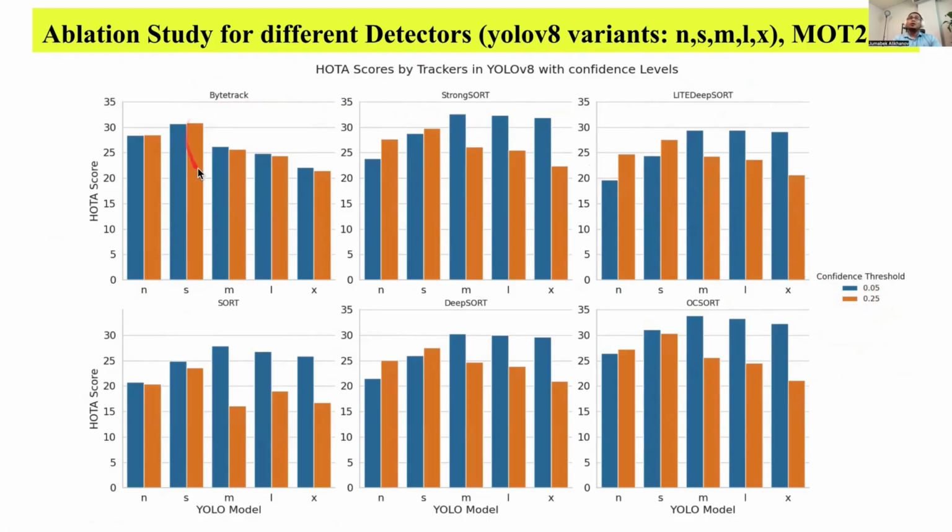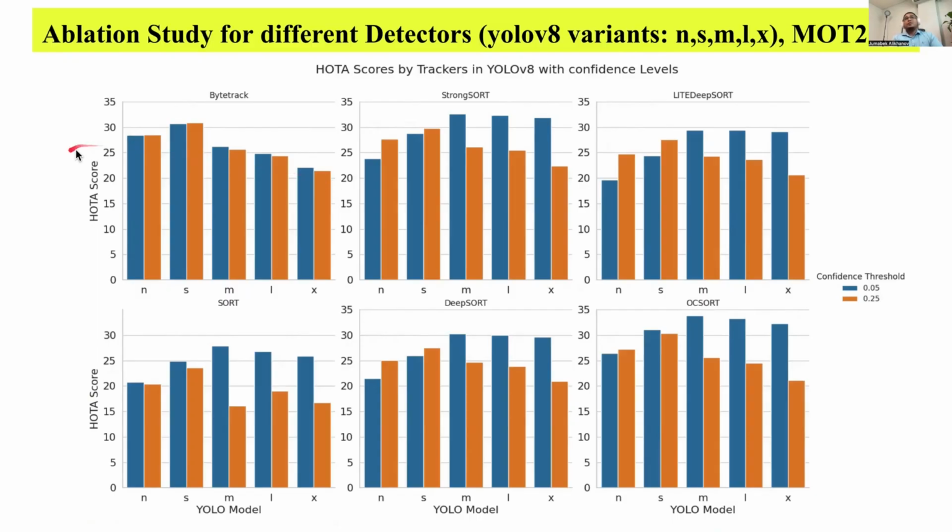Notably, ByteTrack is not affected by confidence thresholds. If you see these two, they are very close to each other. This makes sense because ByteTrack intrinsically handles multiple confidence thresholds. What it says is every detection matters, and it tries not to ignore low confidence detections. That's why it is immune to changes in confidence thresholds.